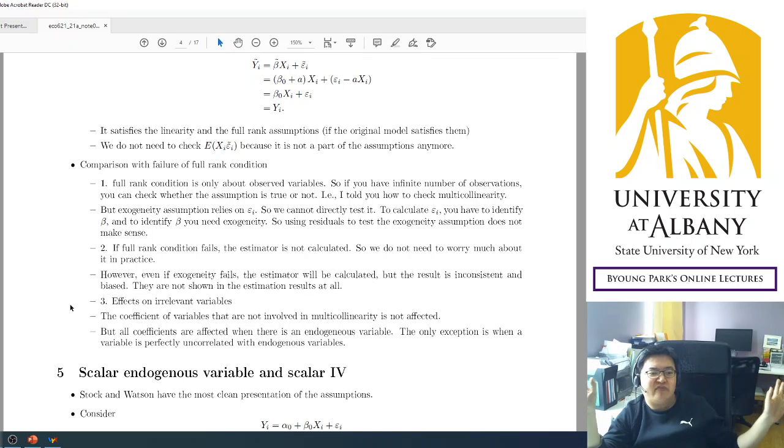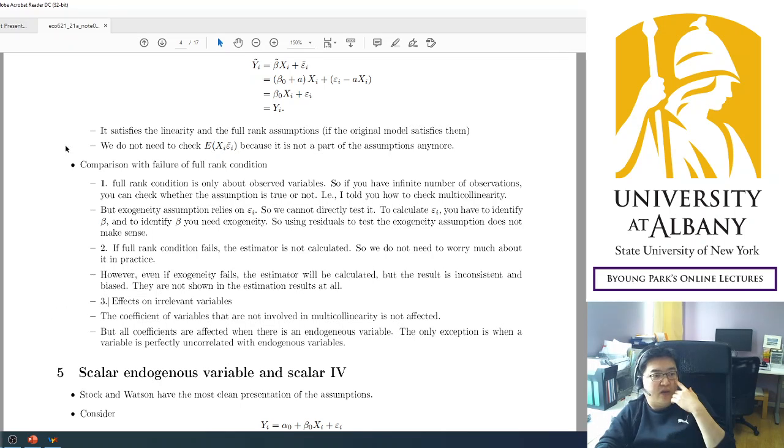So x1's coefficient could be contaminated, even though x1 itself is fine, because of x2's problem. So it's more serious, causing more problems. Overall, that's why I made a separate chapter for the endogeneity problem.